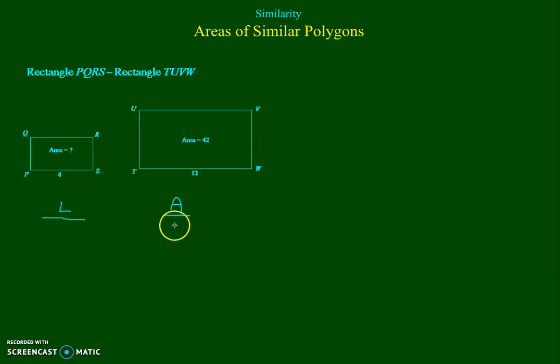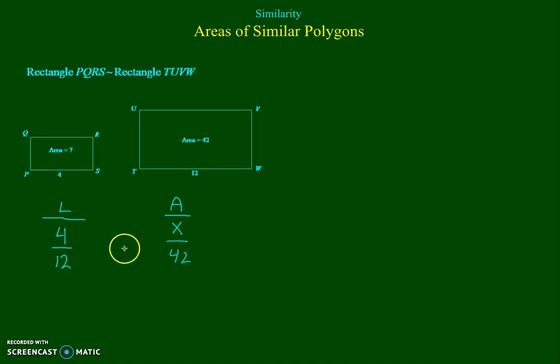So I'm looking for the area. We're going to call this area X, just because it's an unknown. And the known area is 42. Now this X corresponds to PQRS, so this number should correspond to PQRS. So that's 4. And this number corresponds to TUVW, so I'm going to use the 12.